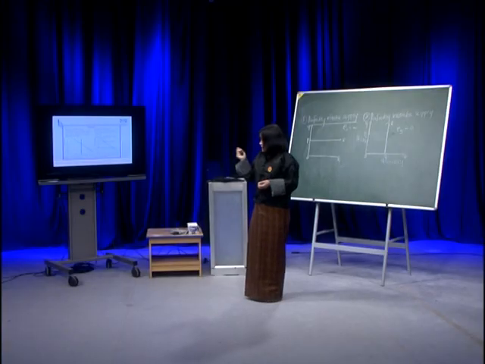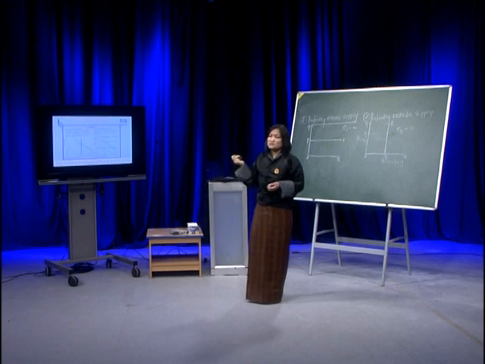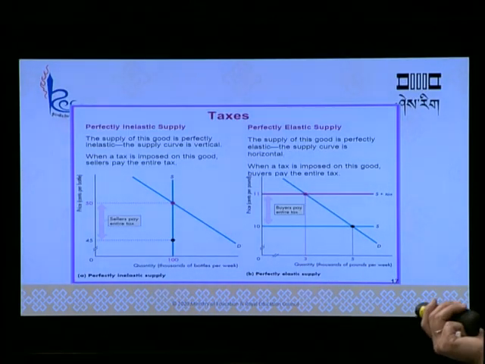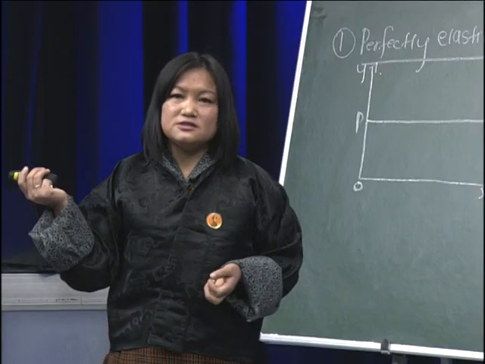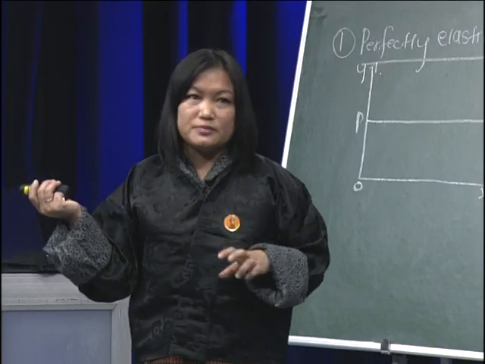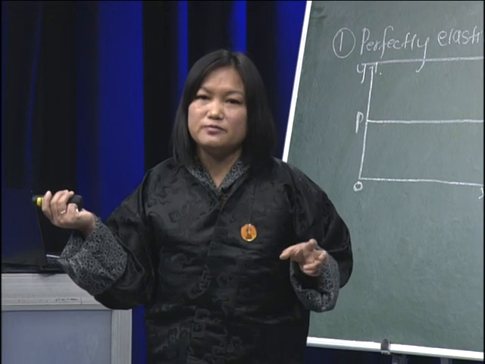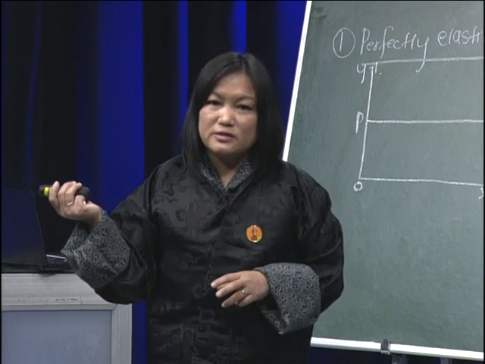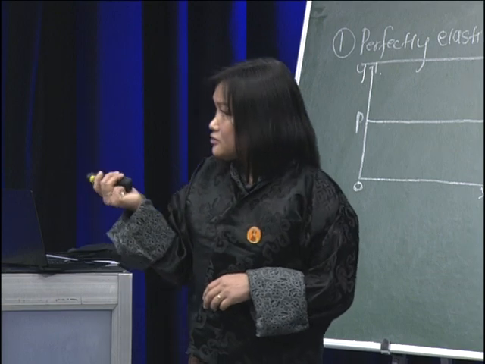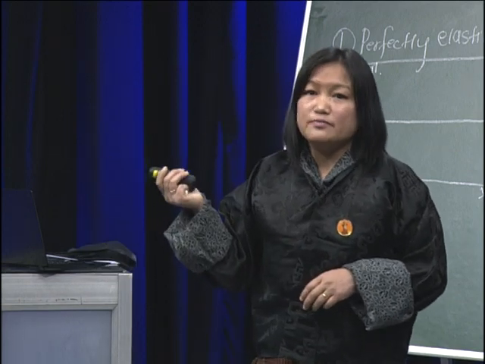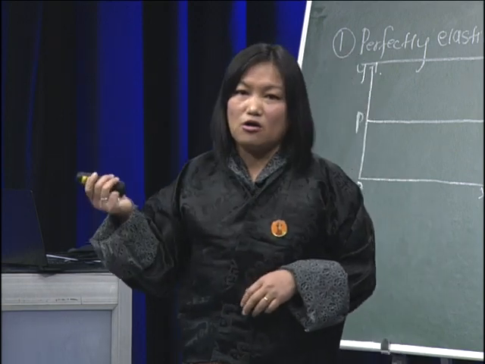If you look at an example, for example, like taxes. So we know that taxes are imposed by the government. Sometimes the government will impose tax on the producers, and sometimes the government will impose tax on the consumers or the buyers.